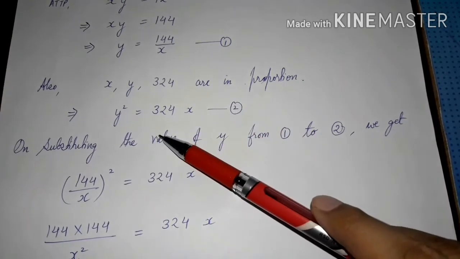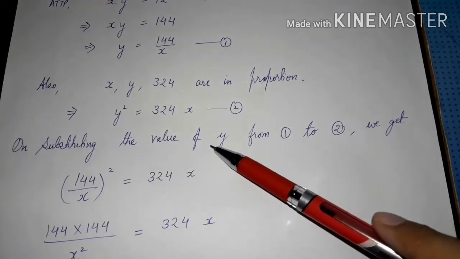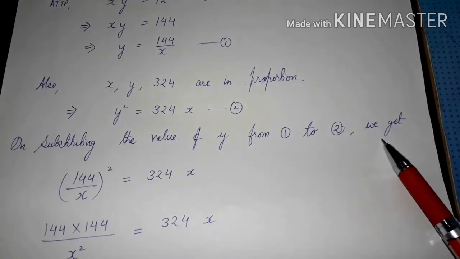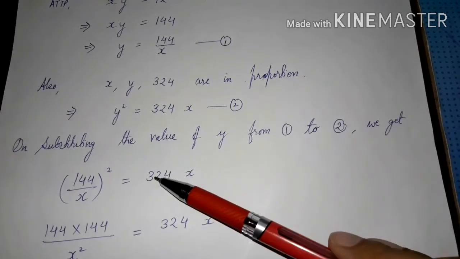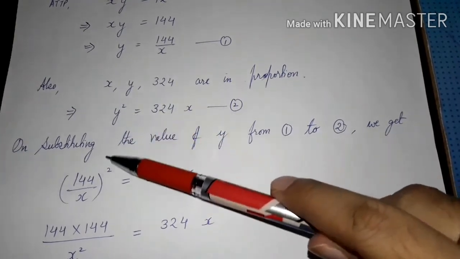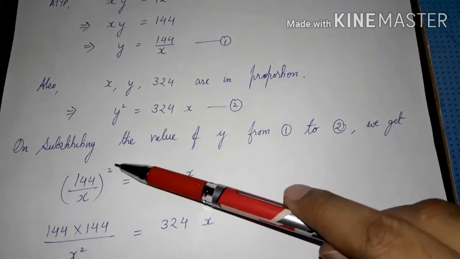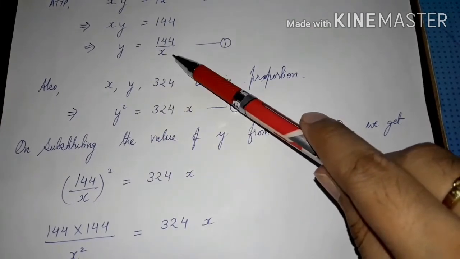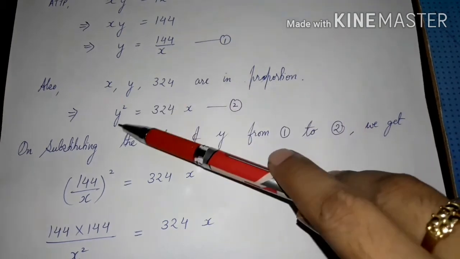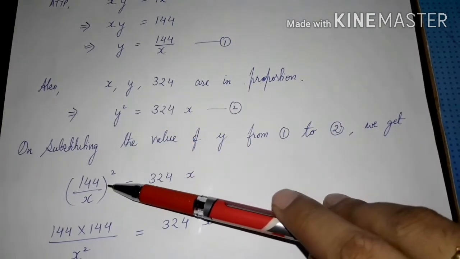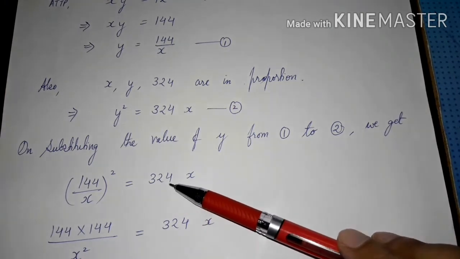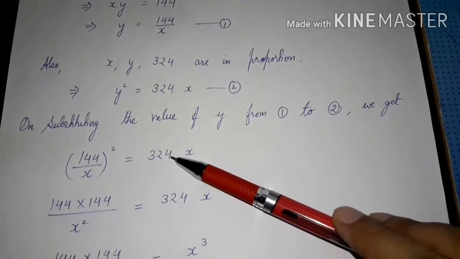So on substituting the value of y from the first equation into the second equation, what will we get? In place of y, we can write 144 upon x whole square, because y is equals to 144 upon x. So you'll get 144 upon x whole square is equals to 324x.